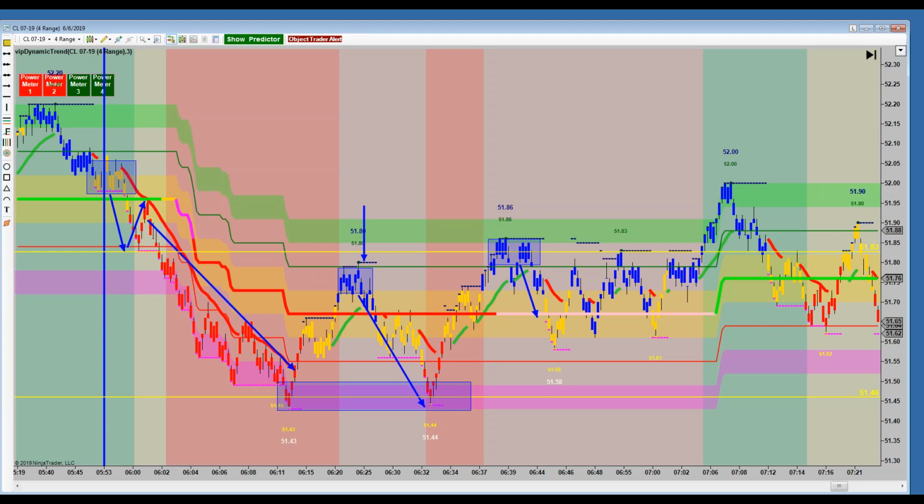Now, subsequent to this, when we got to about 6:45, you should make note of the fact, and I think we said this in the room, when I start to say that the transitional area occurs, in the case of a downtrend, your transitional area will be this area right here. Why do I say that's transitional? Why would I say that this sideways, choppy area is a transitional area?